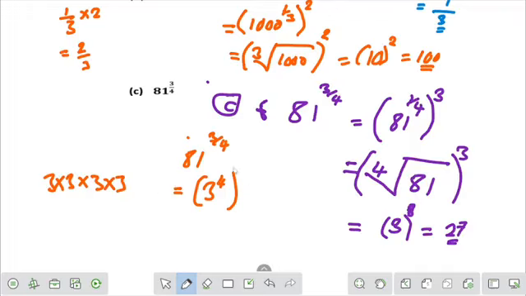This is raised to the power of 3 over 4. You can cancel the 4 and the 4, and you still get 3 raised to the power of 3, which is equal to 27. The same idea can also be applied to the other questions you have solved.